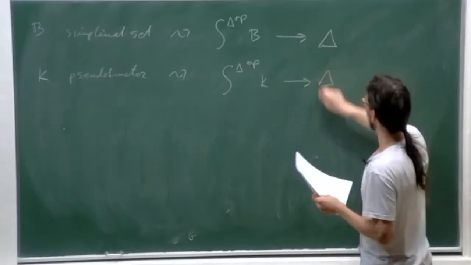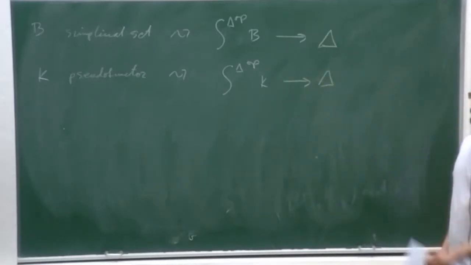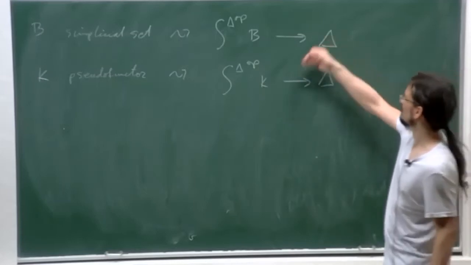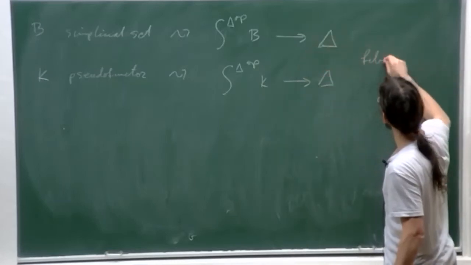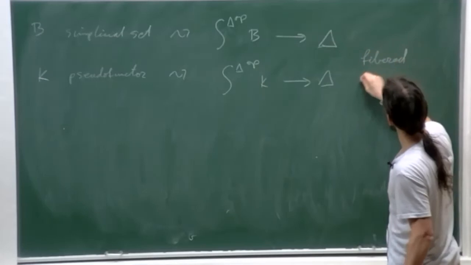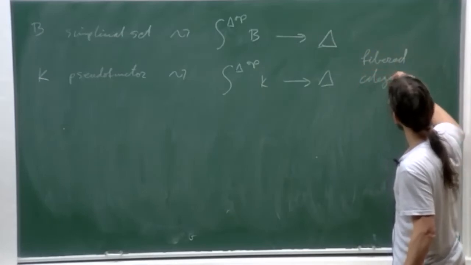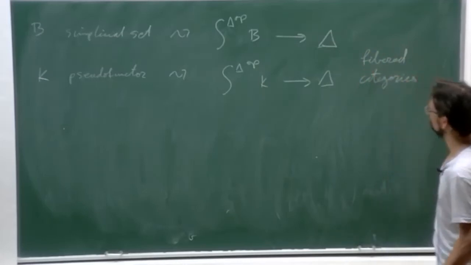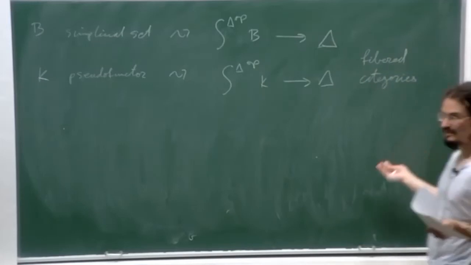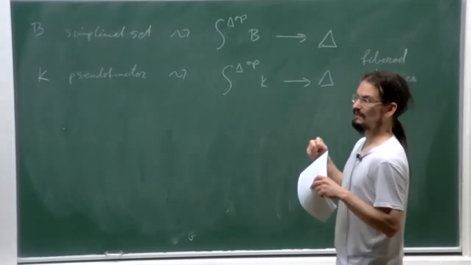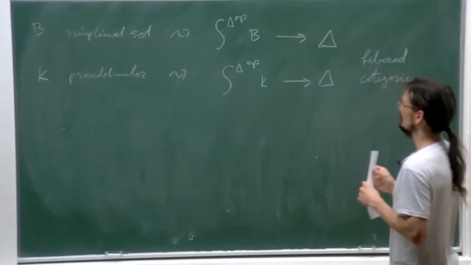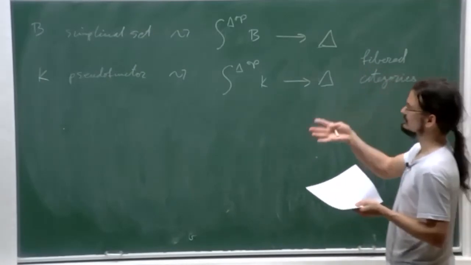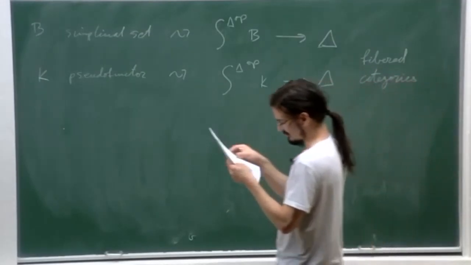These are fibered categories, and they are big enough that for any atlas I get a map between these objects.